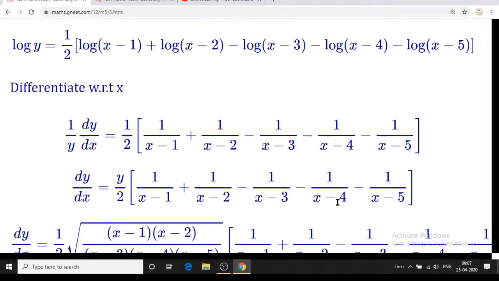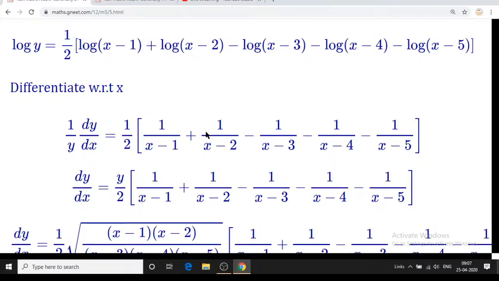Here we are taking the derivative of the bracket again, 1 upon x minus 1 into the derivative of x minus 1, but that derivative becomes 1, because the minus 1 is a constant and its derivative is 0, so no need to write multiplied by 1.